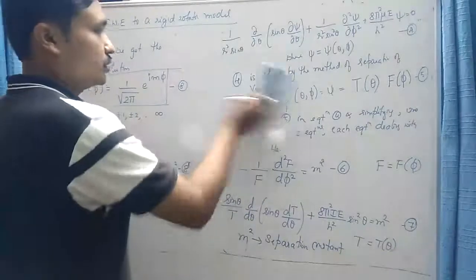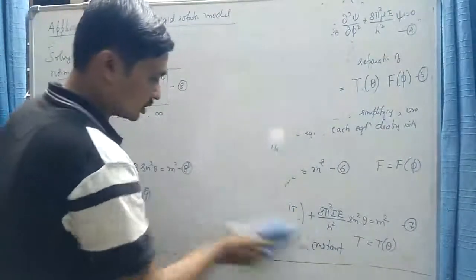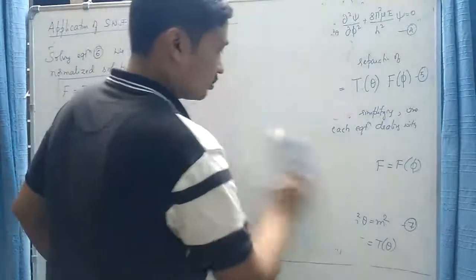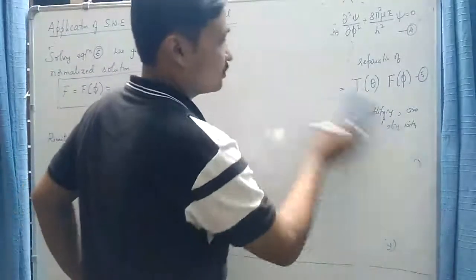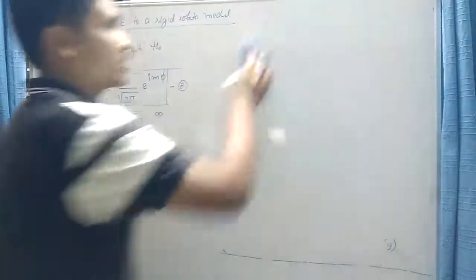Again, we will not go into all the mathematics. We will directly write the normalized solution. By applying the normalization condition and the boundary condition applicable for this equation, we can obtain the normalized solution.